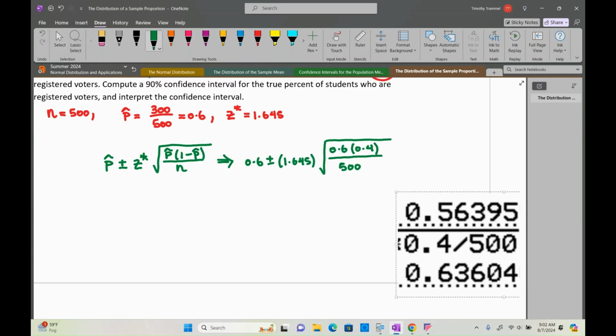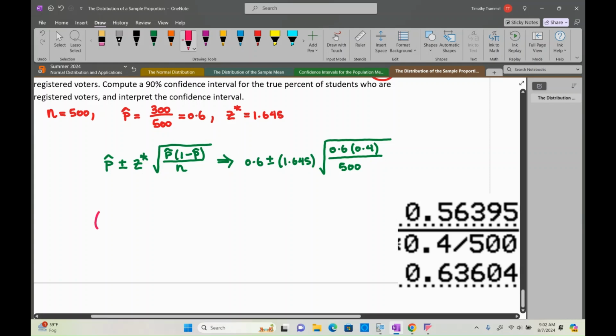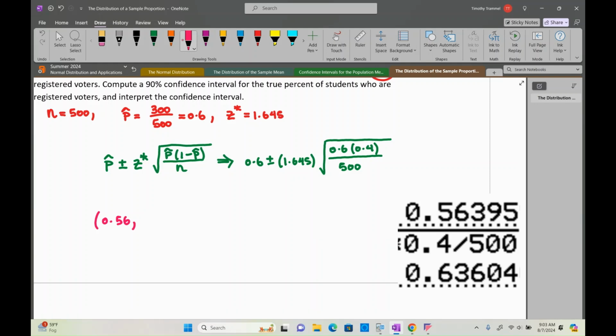So if we were to write in our confidence interval, we can write this in multiple ways. I'm just going to write it in interval notation here. If we round each one of these to 2 decimal places, I'm going to have 0.56 for my lower bound and 0.64 for my upper bound.